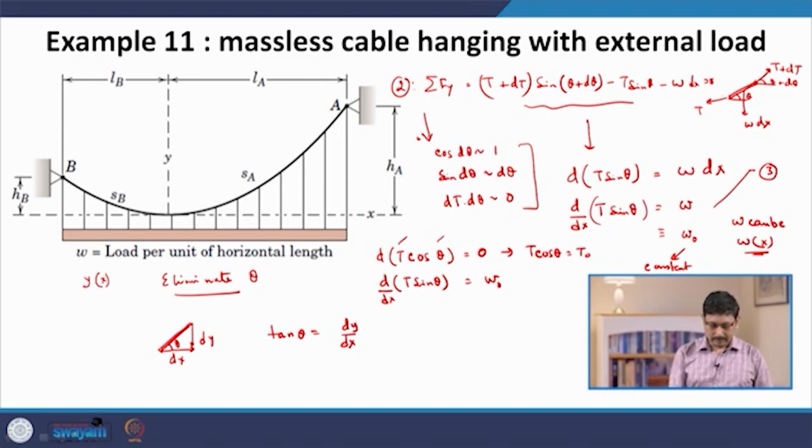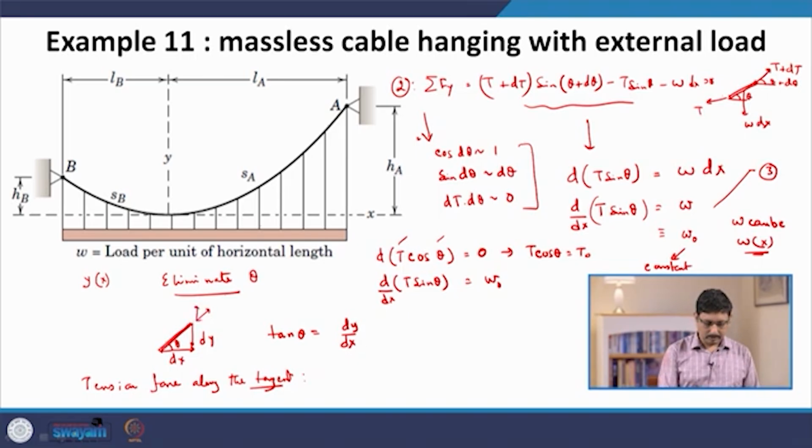The other thing is that the forces are along the tangent; the tension force is along the tangent. So, the tension force, the horizontal component, let us say at this end, is T cos theta and this is T sin theta.